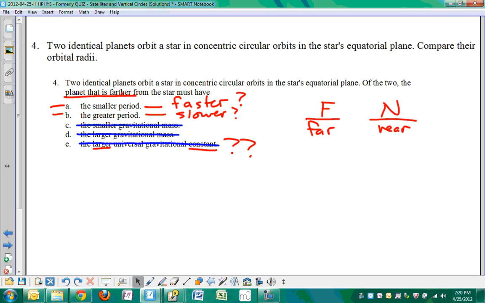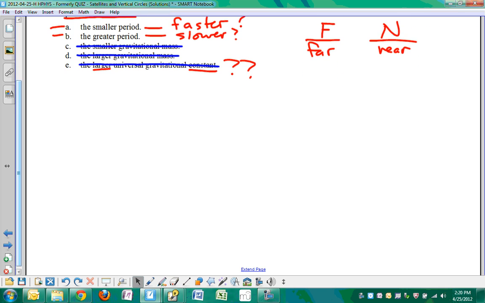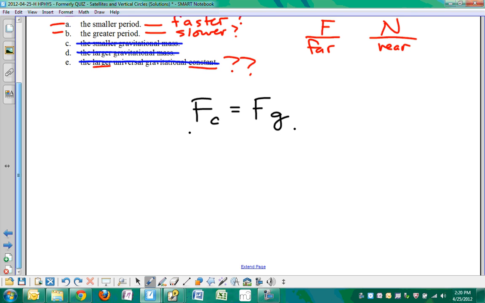We can easily determine what's going on there because we remember, as we've been doing for almost everything in this unit, that centripetal force is supplied by gravity, that the centripetal force is equal to the gravitational force because that's where it comes from. How much force do we need? Where does it come from?